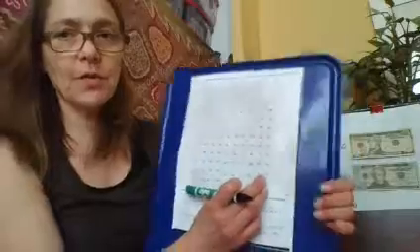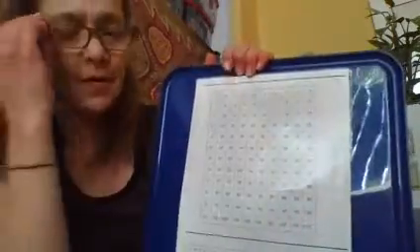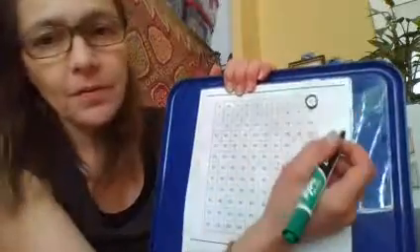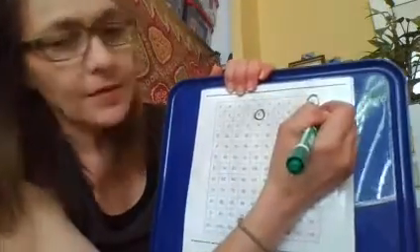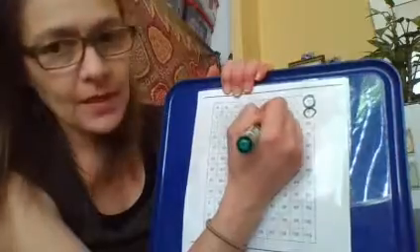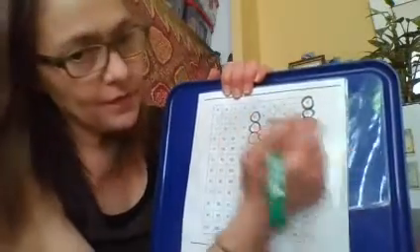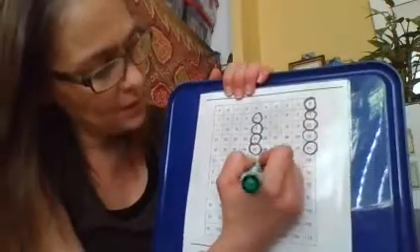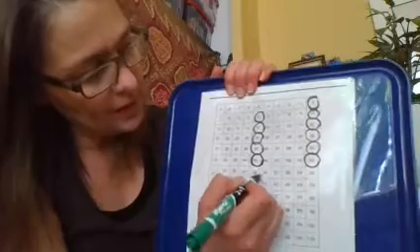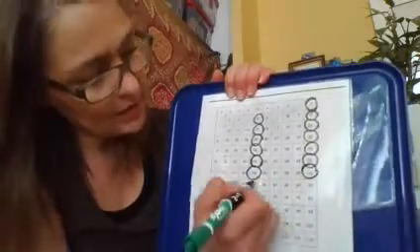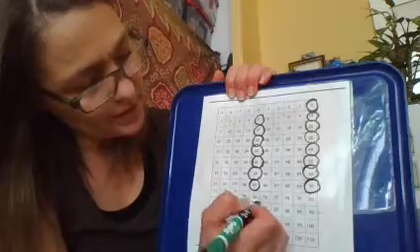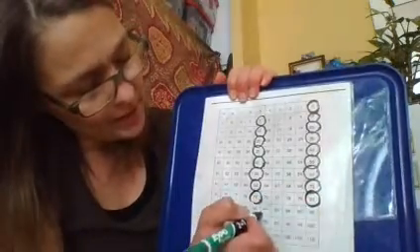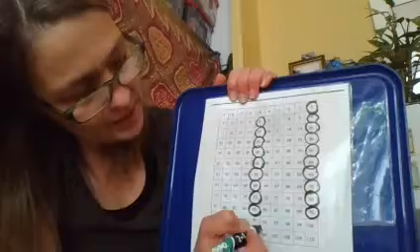We're going to start at 0, and we're going to count to 100 by 5s. 0, 5, 10, 15, 20, 25, 30, 35, 40, 45, 50, 55, 60, 65, 70, 75, 80, 85, 90, 95, 100.